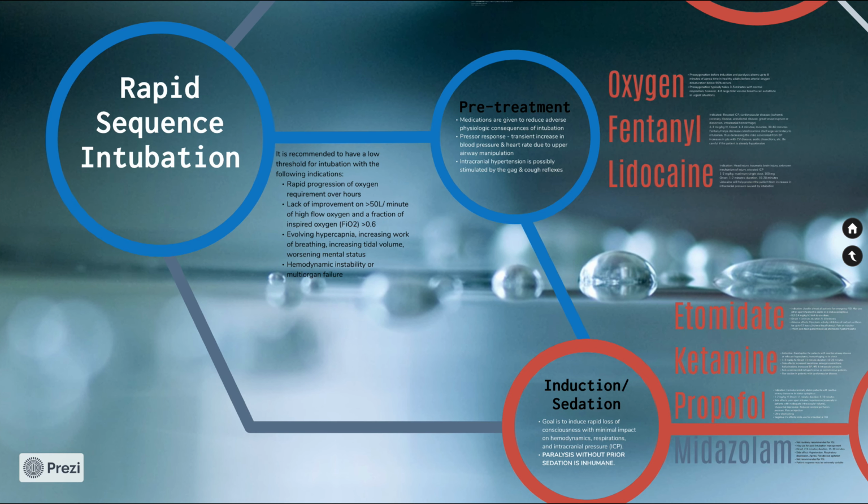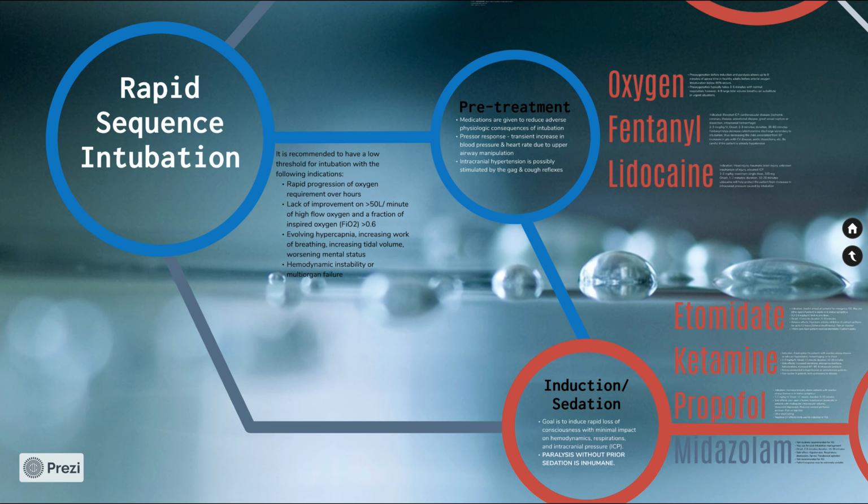So one emergency situation that we are seeing more frequently for the past year is rapid sequence intubation. This involves the installation of an airway through the mouth, through the upper airway tract, directly to the trachea.